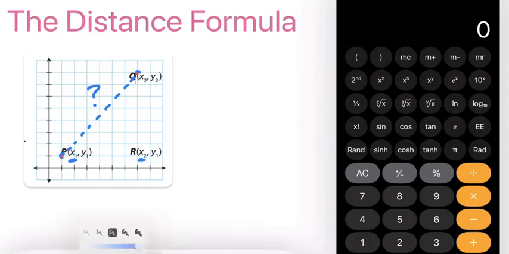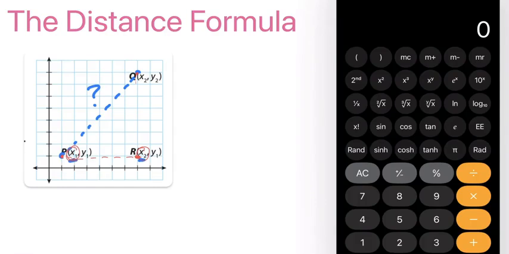So if I wanted to know this length right here from P to R, how long is that? Well, the way I would figure it out if I knew the numbers of the coordinates is I would take whatever this x2 is, whatever number that was, and I would subtract whatever the x1 is.